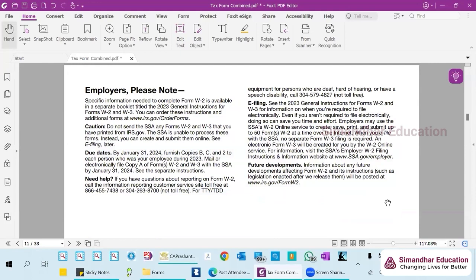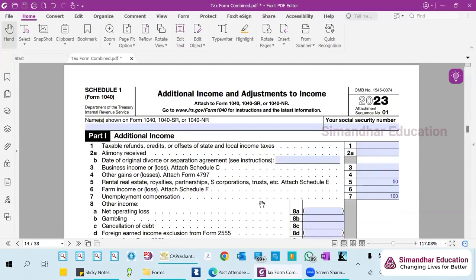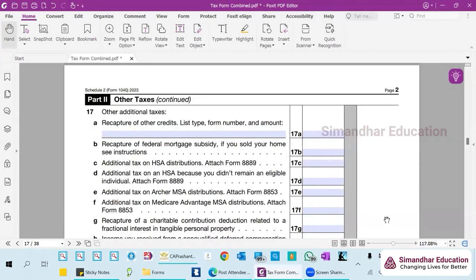Now, let me ask you something. Let me give some homework for you guys. What I want you to do is go to the IRS website. You need not even go to the IRS website, you can just Google search.